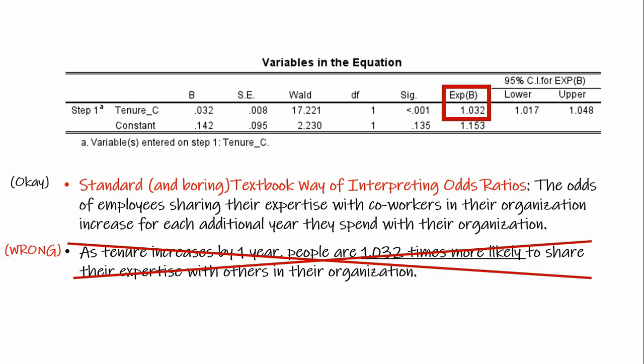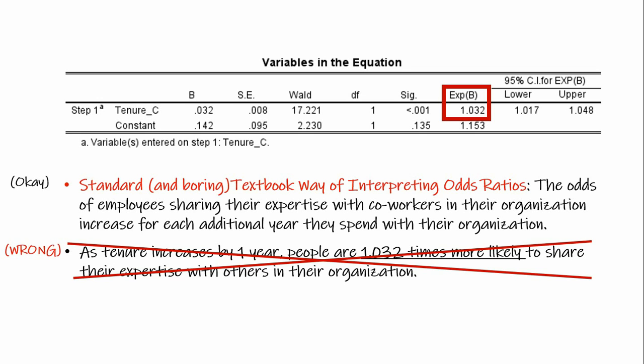No. Don't ever do that. The odds ratio is a ratio of odds. It's not a ratio of probabilities. So you cannot and should not use phrases like 2 times more likely or 2 times less likely. You should never use probabilistic language here.